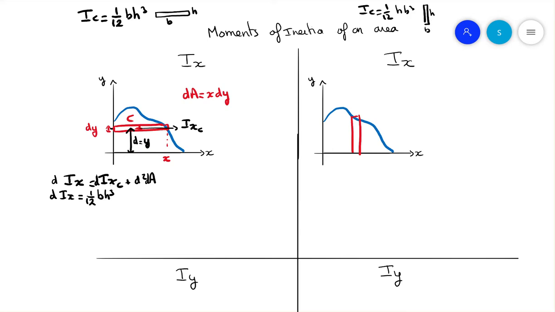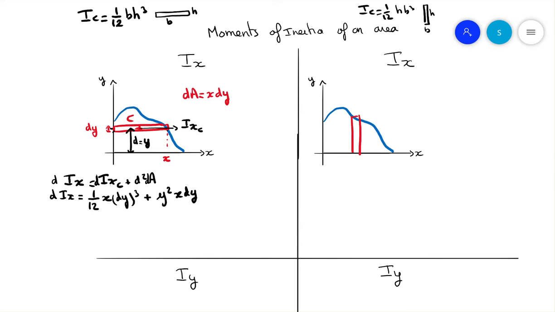Okay, so let's come back to our horizontal stripe. So 1/12 of hb cubed is 1/12 of bh cubed, sorry. So b is my distance x, and my h cubed is my dy cubed, plus the d squared is the y squared, and the dA is equal to x dy. Now the dy is very small. It's just a little stripe.